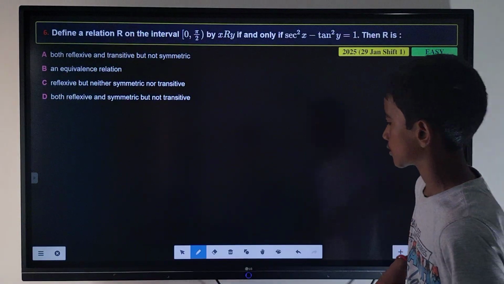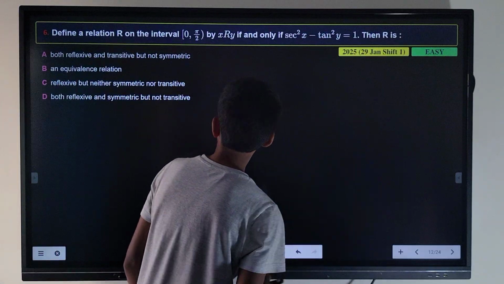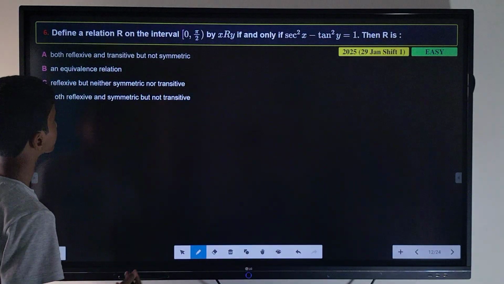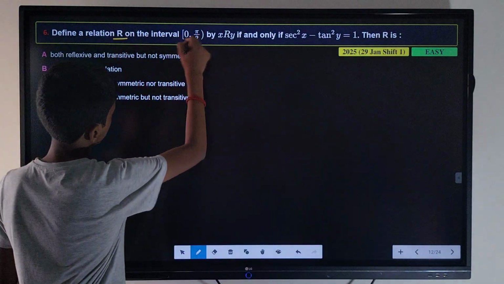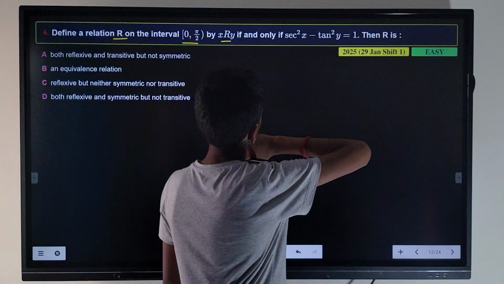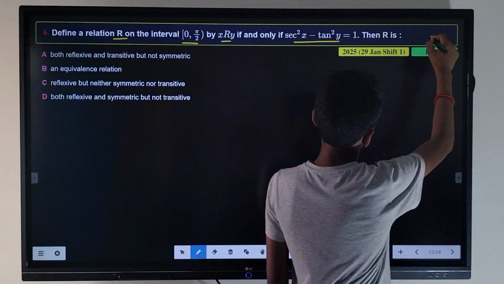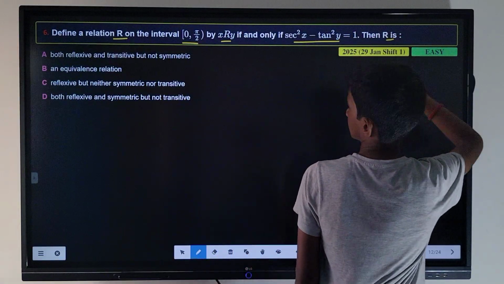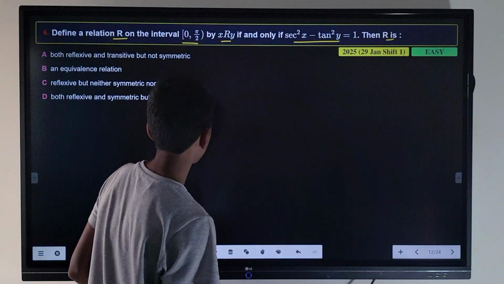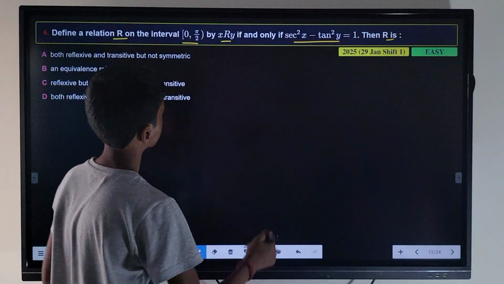Here is the next question now. Our question says, define a relation R on the interval 0 to pi by 2 by x R y if and only if it satisfies this condition, then R is reflexive, symmetric or transitive. Again we are going to use the same process.